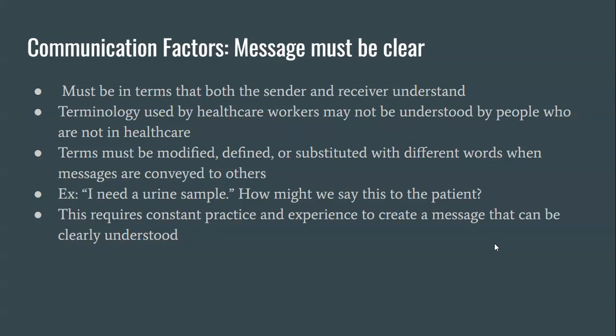So, first of all, the message has to be clear, and that means it needs to be in terms or words that both parties understand. We've talked about this before, but if you're in healthcare, some of the terminology you're using may not be understood by people not in healthcare. So, we're going to make sure that we modify or use other words to make sure we're getting our message across.